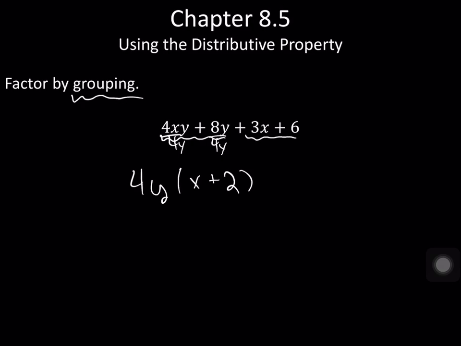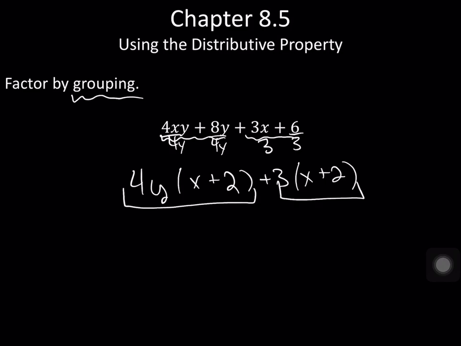What about these two terms? Do they have anything in common? Well, they do. They have a positive 3 in common. And if that positive 3 is factored away, then we have an x and a plus 2. Now that's interesting, okay? Big picture here, now we have this monomial and we have this monomial that also now have a factor in common, and this will take some playing, but notice that those two groups have an x minus 2 in common.